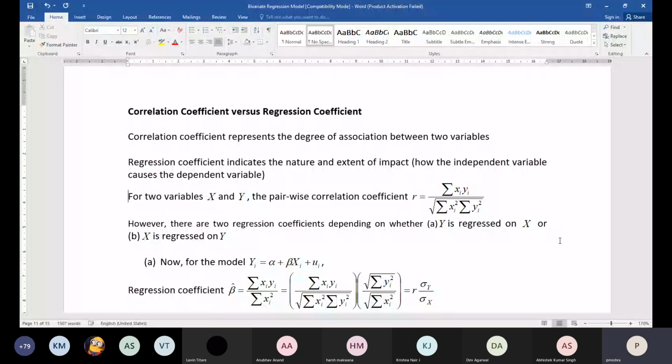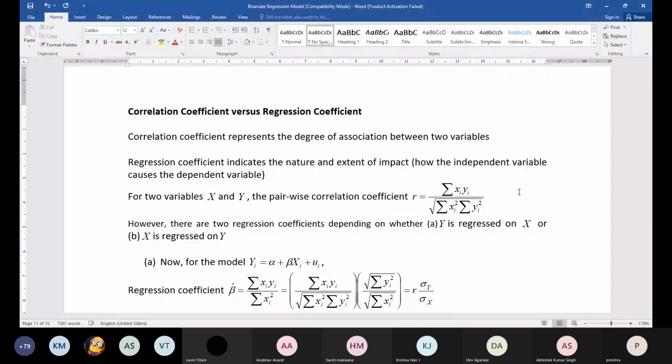So if we have two variables X and Y, then the pairwise correlation of X and Y divided by sigma of X into sigma of Y. And we can rewrite this formula in this fashion, where x and y are basically a deviation of capital X and capital Y from their arithmetic means.